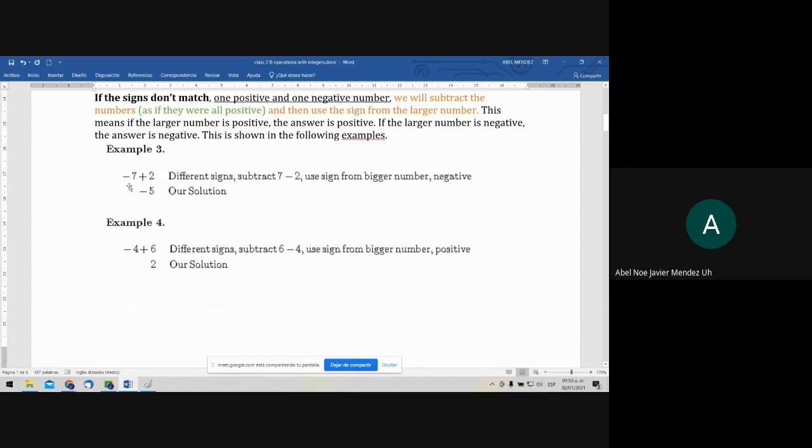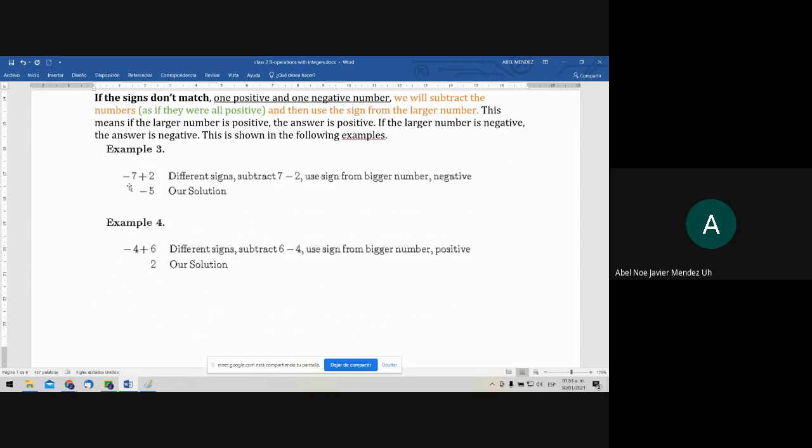We have here an addition, but the difference here is that we have two numbers with different signs, one negative and one positive. This is the second case.